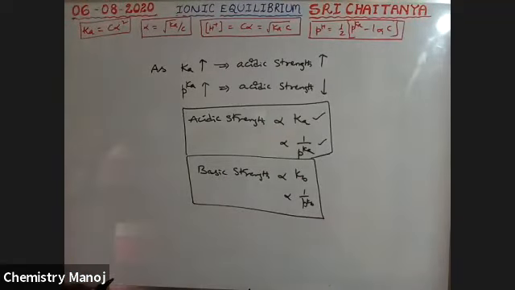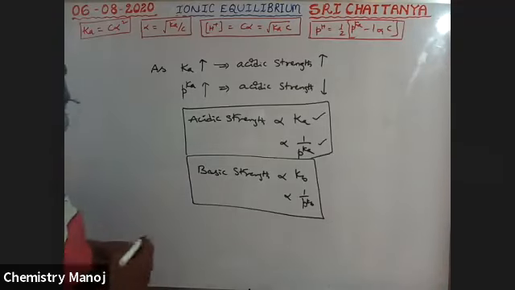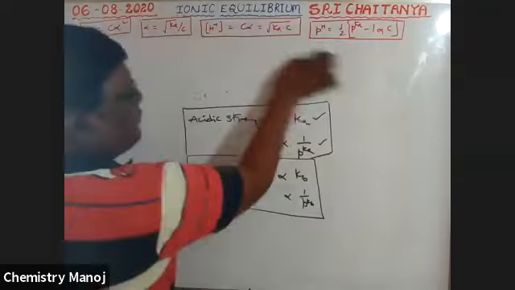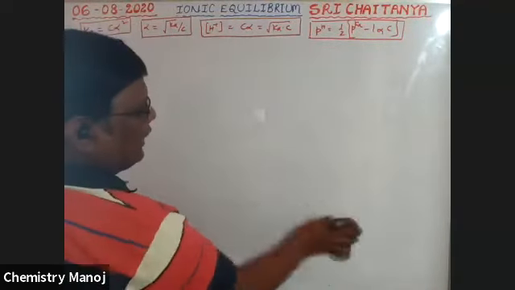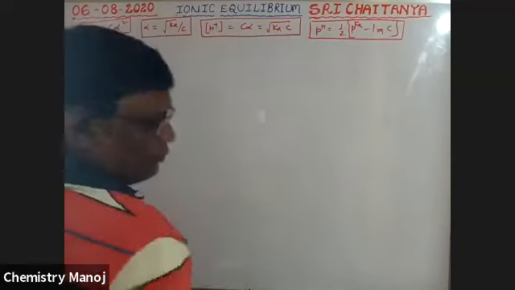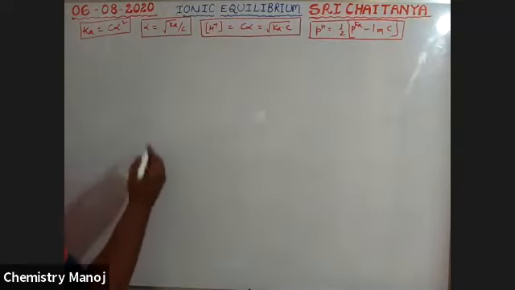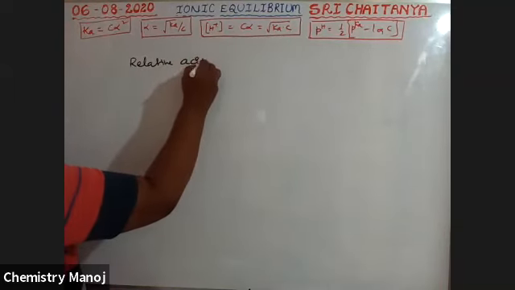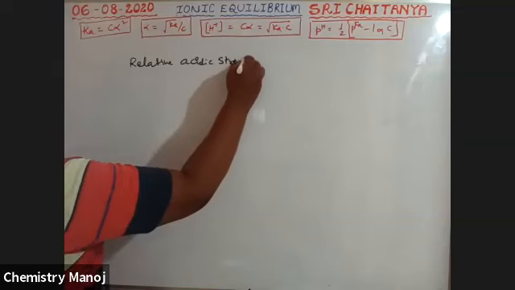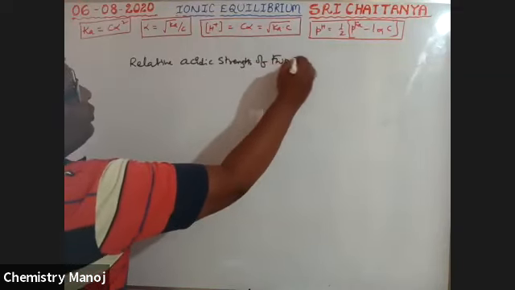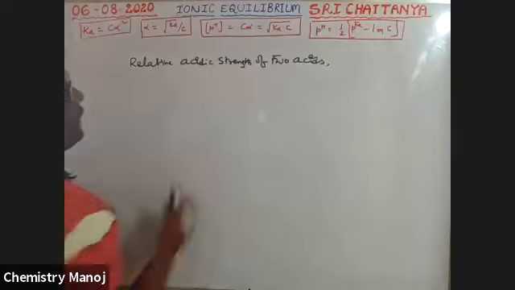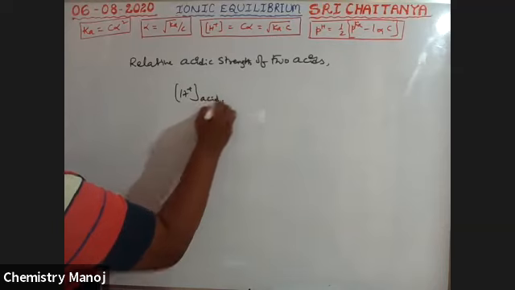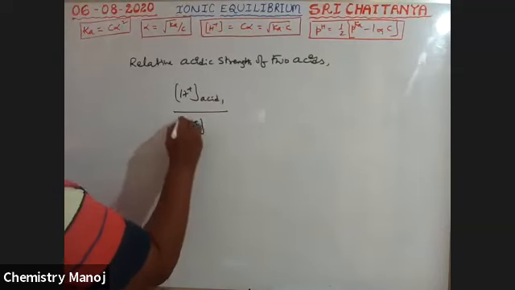Acidic strength is explained with the help of Ka value. Now relative acidic strength is also expressed with the help of this Ka value like this. The relative acidic strength of two acids is H plus concentration of acid 1 by H plus concentration of acid 2.